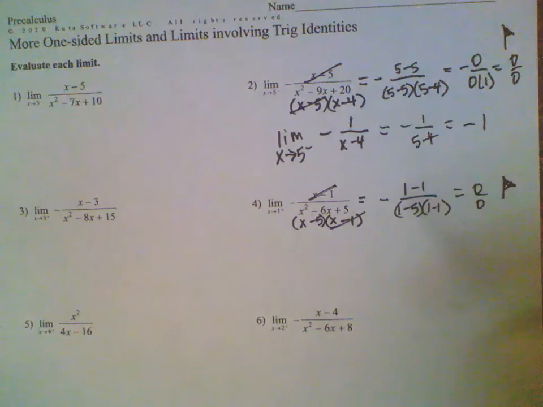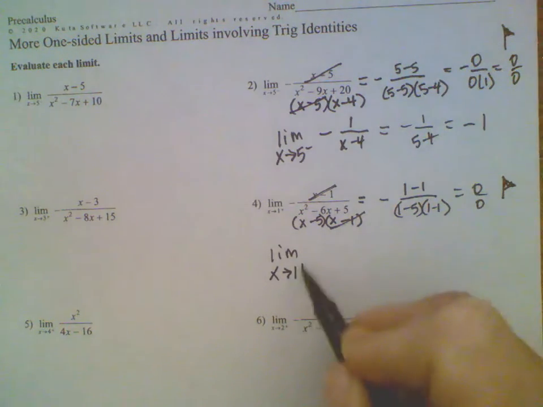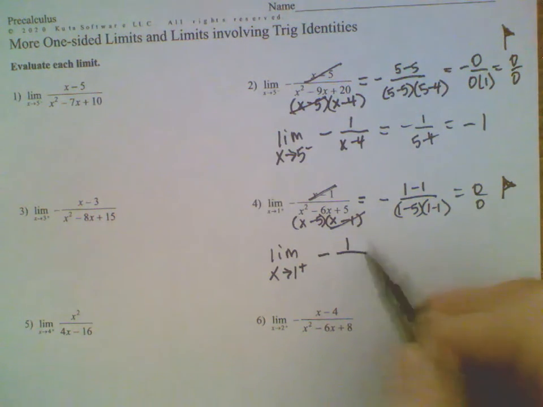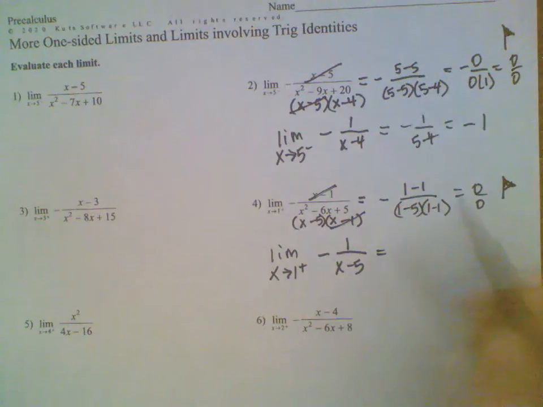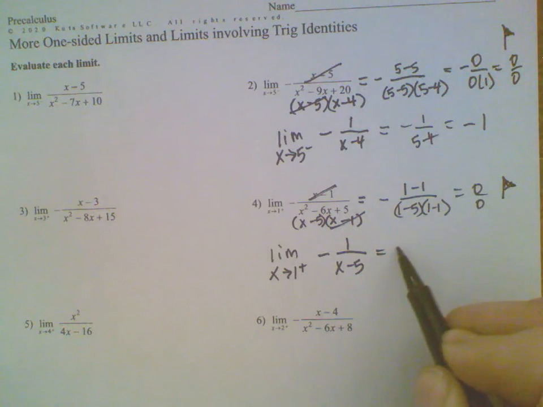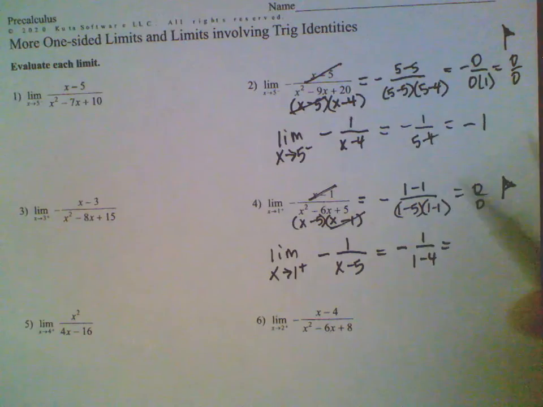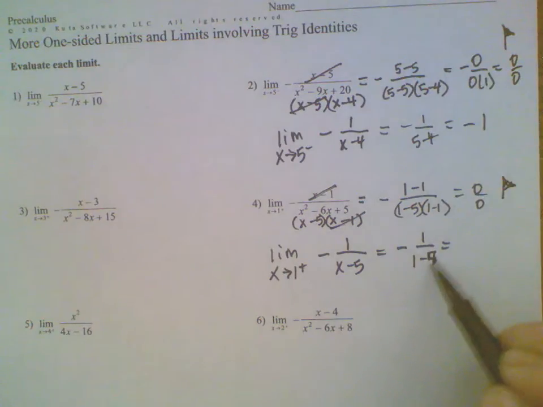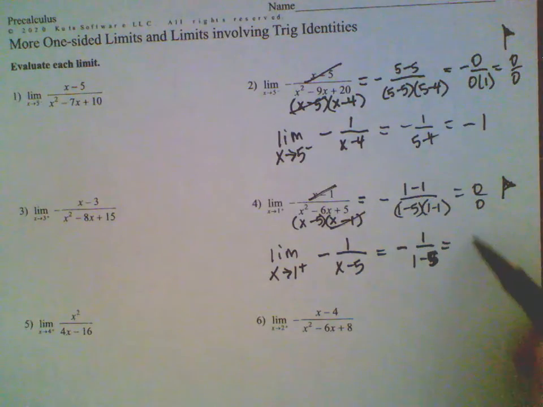So again, when I cancel that out, I end up with the limit as x approaches 1 from the right of the opposite of 1 over x minus 5, and I'll plug it in again, and I get the opposite of 1 over 1 minus 5, which is the opposite of 1 over negative 4, or just 1/4.